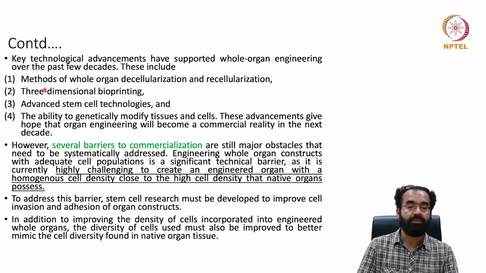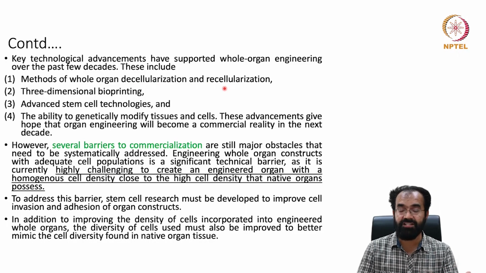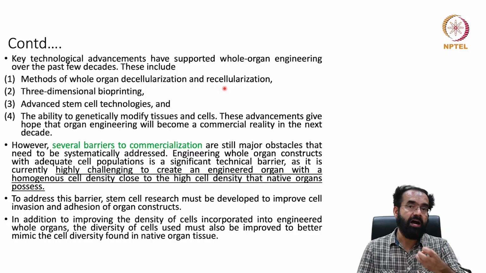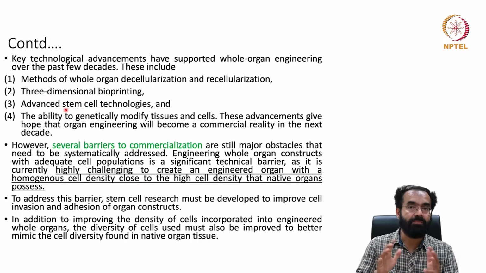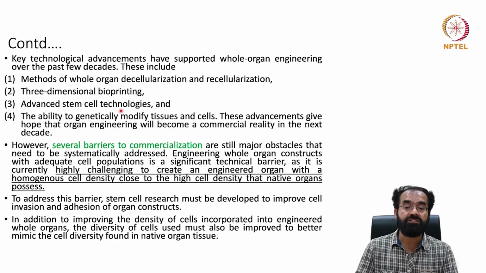These include, number one, the methods of whole organ decellularization and recellularization, which we discussed, how you take a pig's heart and get rid of the cells and use only the matrix and colonize it. You can revisit that. Then, three-dimensional bioprinting, where you can make the organ itself, and advanced stem cell technologies, and fourth, the ability to genetically modify tissues and cells.